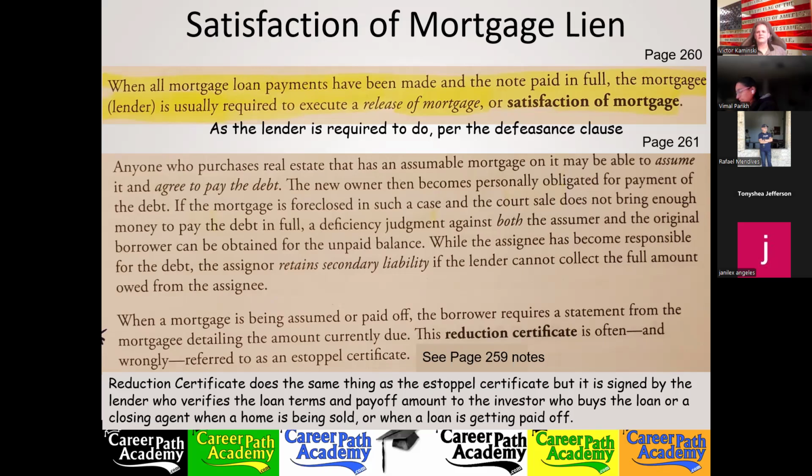Defeasance clause, right? Okay. Satisfaction of mortgage. Got it. Right.